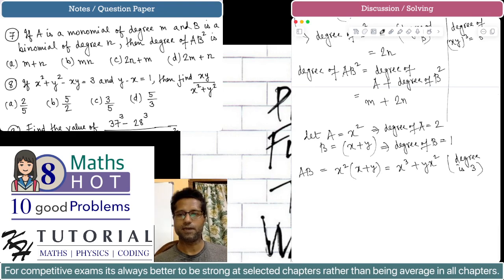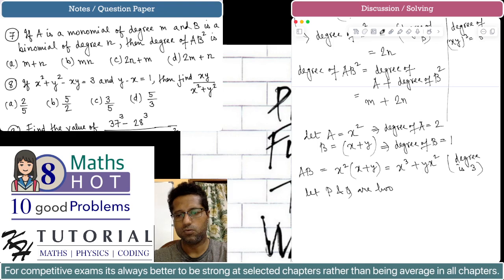So always remember that the general concept is: let P and Q be two polynomials of degree m and n respectively.